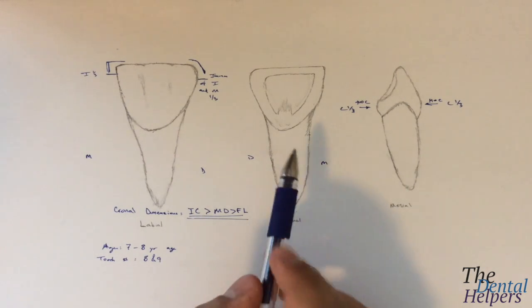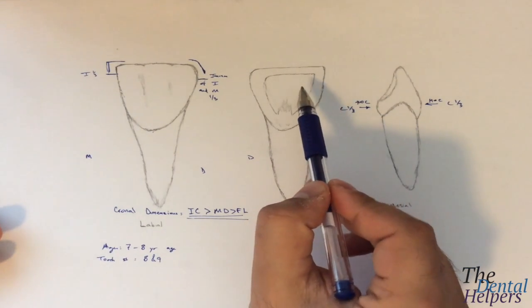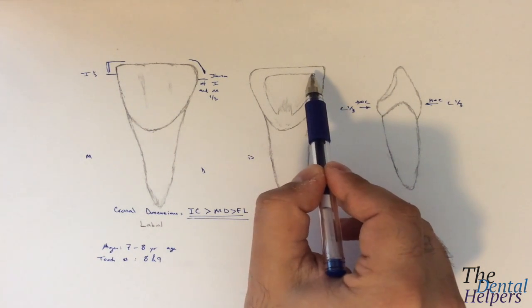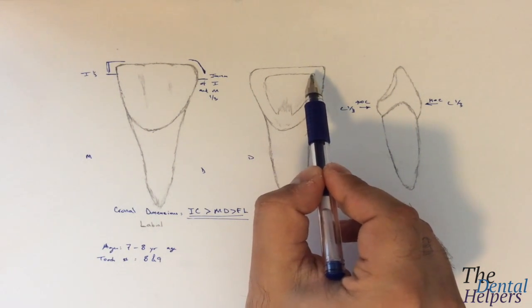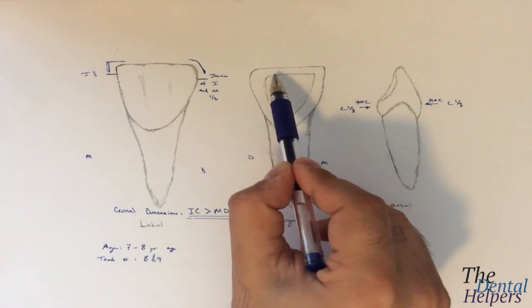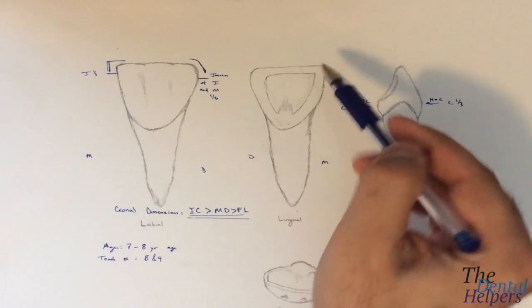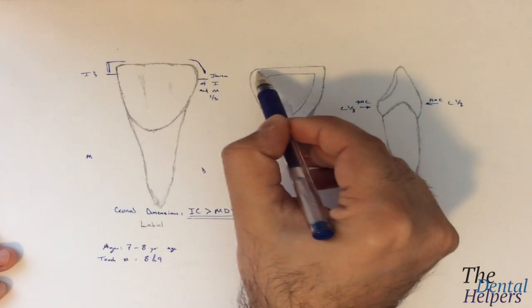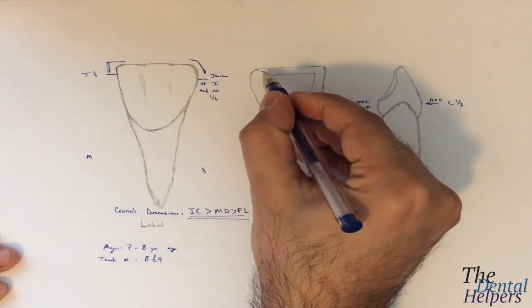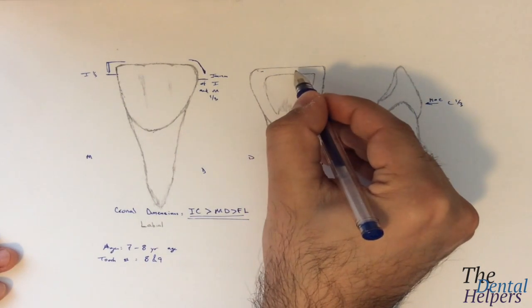Now, it's a little hard when drawing, but if we were to look at the lingual, we're going to see a slight distal lingual twist, meaning that this spot right here, the distal portion towards the lingual, we're going to see a slight curvature.